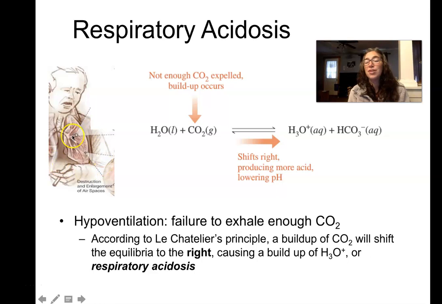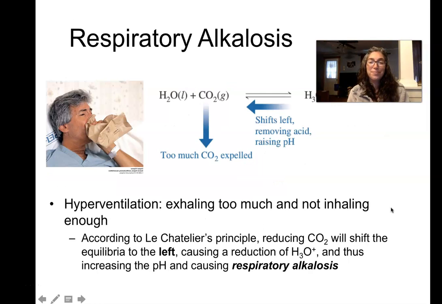Chronic damage to the lungs can impair the ability to exhale proper amounts of carbon dioxide. And so they end up building up acid in the blood, and that causes acidosis, or acidification of the blood. And that can lead to bad things.